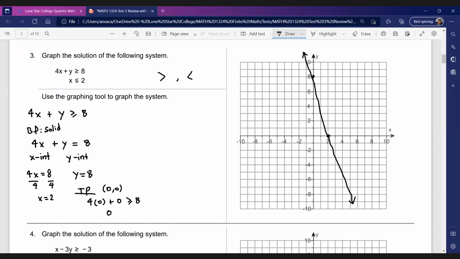Everything on the left turns out to be equal to 0. And 0 is not greater than or equal to 8. This is false. Therefore, the entire lower half plane will be false. Therefore, we are highlighting everything on this side. Okay.